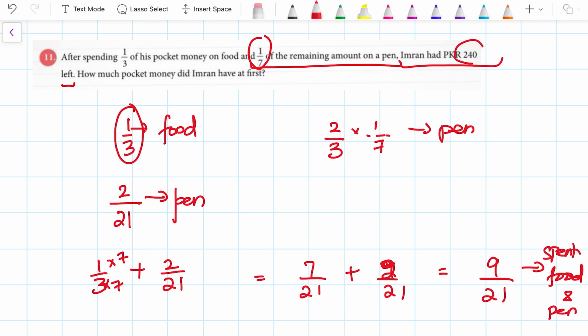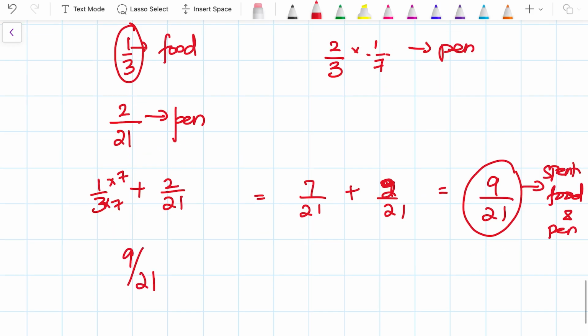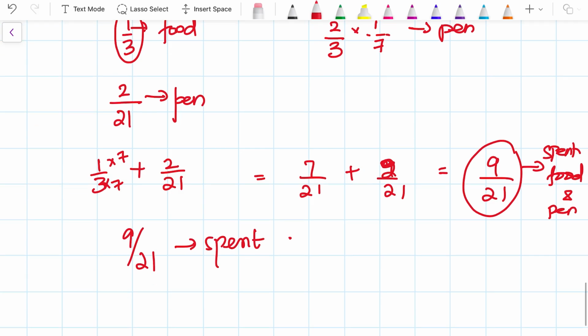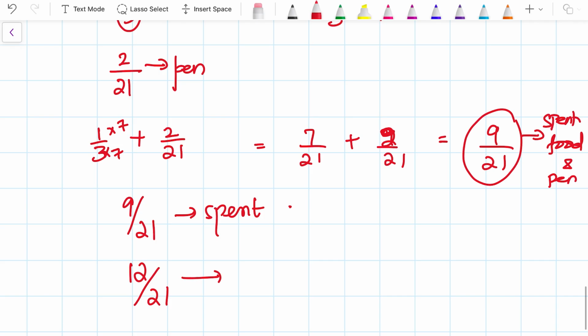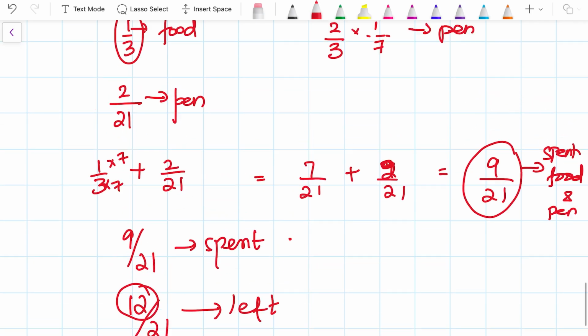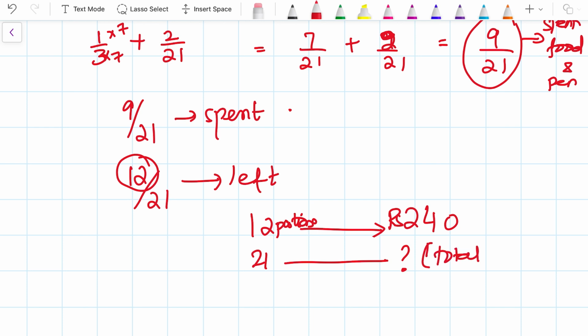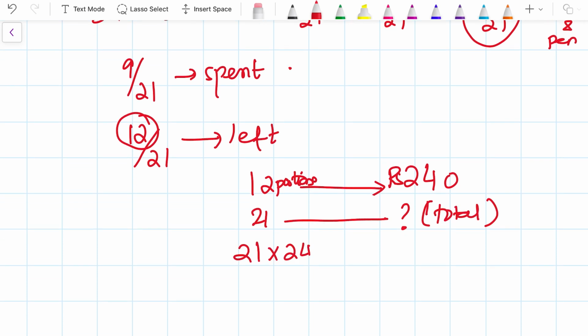Now Imran had 240 left. So this is what he has spent: 9 out of 21 has been spent. How many portions are left? 21 minus 9 is 12. 12/21 is left, and 12 portions represent how much money? 240, because 240 is the actual amount left. 21 portions represent the total amount of money, which we have to find out. 21 into 240 divided by 12.